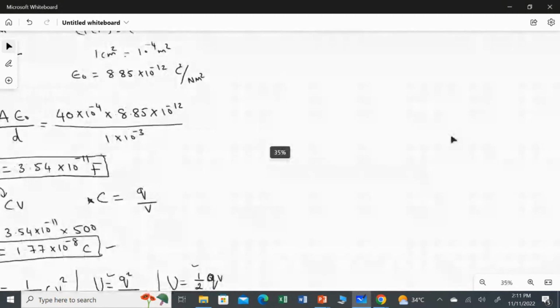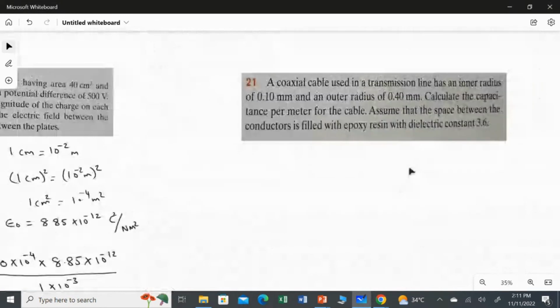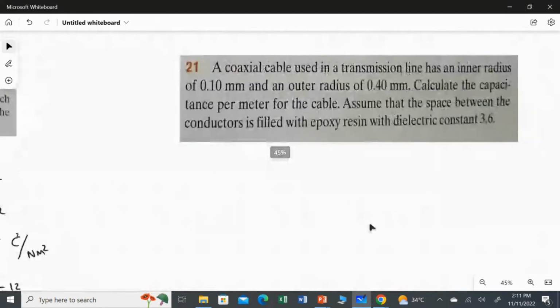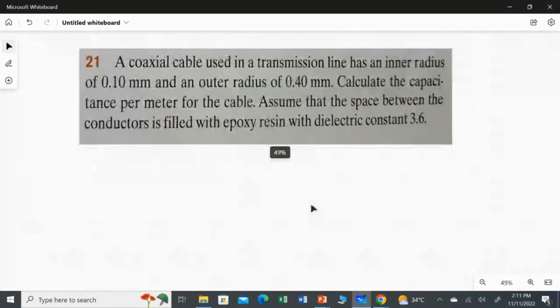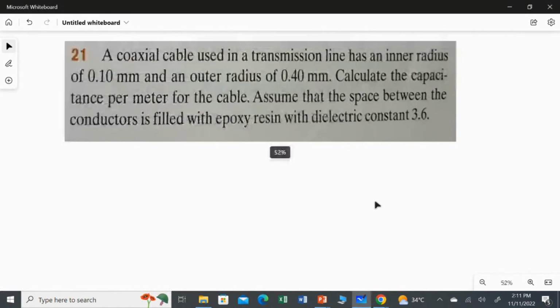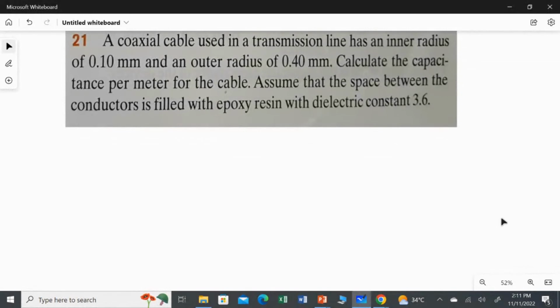And now we are going to solve the last question. What is given in the last question? A coaxial cable used in the transmission line has an inner radius of 0.1 millimeter and an outer radius of 0.4 millimeter. So it's a coaxial cable.